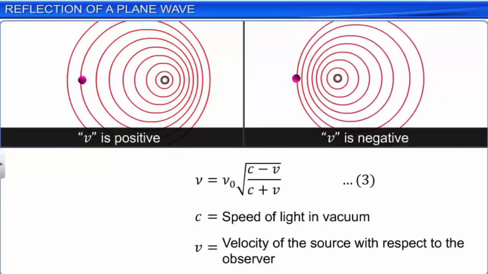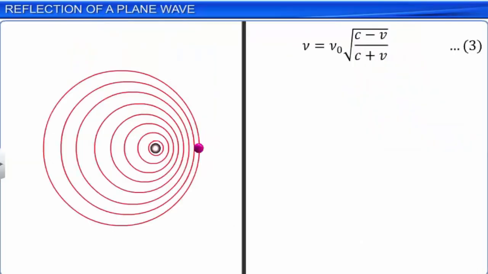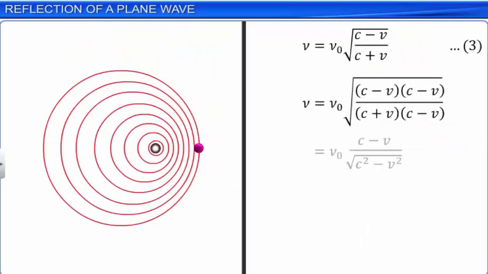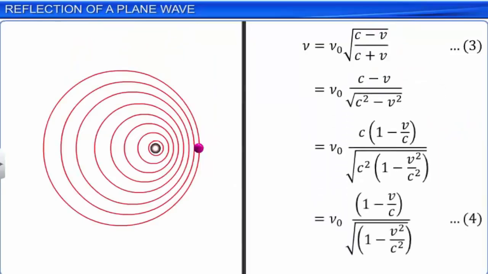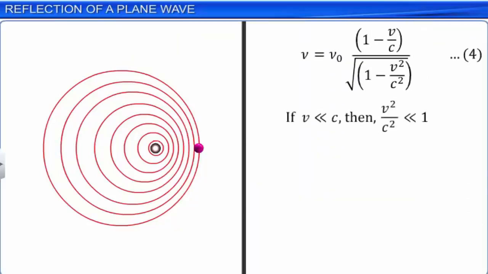Equation 3 can be mathematically manipulated as shown to obtain equation 4. If v is very much less than c, then v square by c square is much smaller than 1 in equation 4, and hence it can be neglected to obtain equation 5, where nu is equal to nu naught into 1 minus v by c.